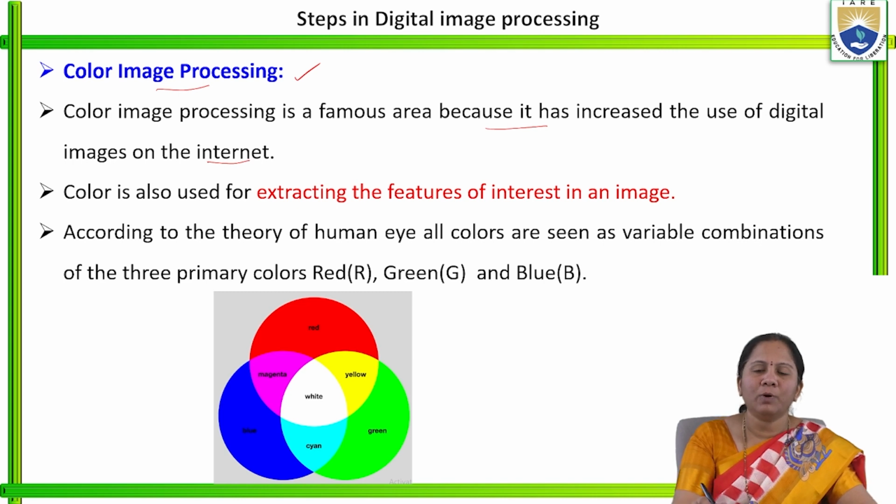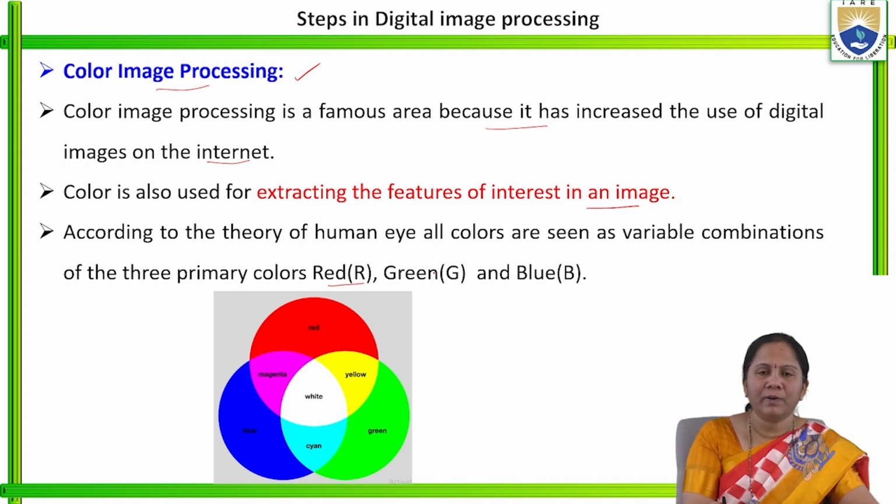This color image processing is used to extract some of the important features present in that particular image. Basically, the human eye is capable of visualizing some of the primary colors like RGB. Here R stands for red, G stands for green, and B stands for blue.